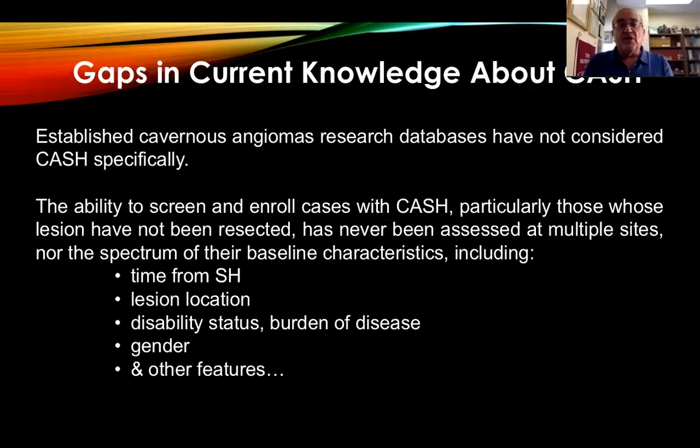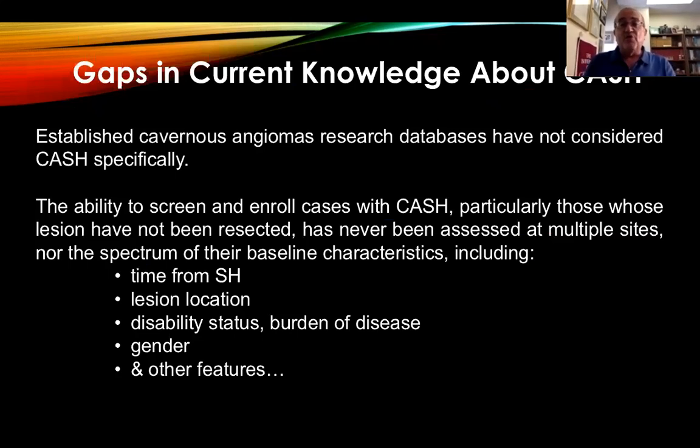So let me explain what some of this knowledge is. If we're going to enroll patients with CASH, we have no idea how many of you are going to step up to a clinical trial. We don't know that. We don't know how it's going to play out on the West Coast, at Mayo Clinic, in Chicago, on the East Coast, etc. And therefore, to model a clinical trial and say we're going to do 100 patients or 200 patients, we have no clue where those patients will come from.